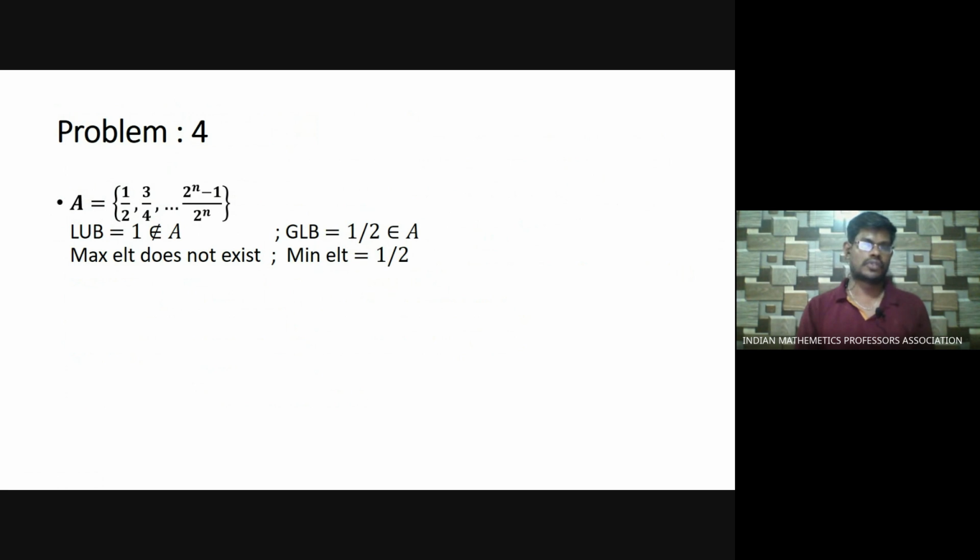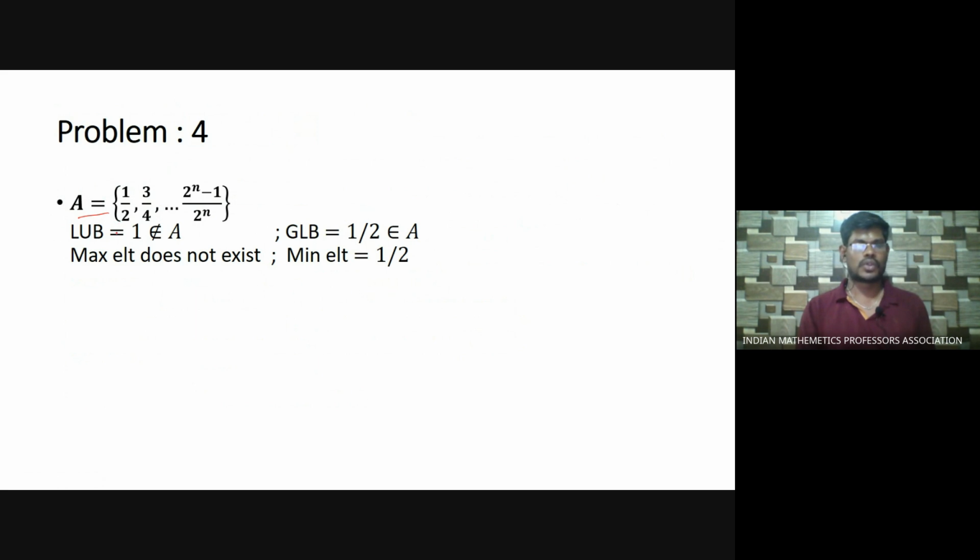And the fourth one, here we have a set A equal to 1 by 2, 3 by 4, up to (2 power n minus 1) by 2 power n.